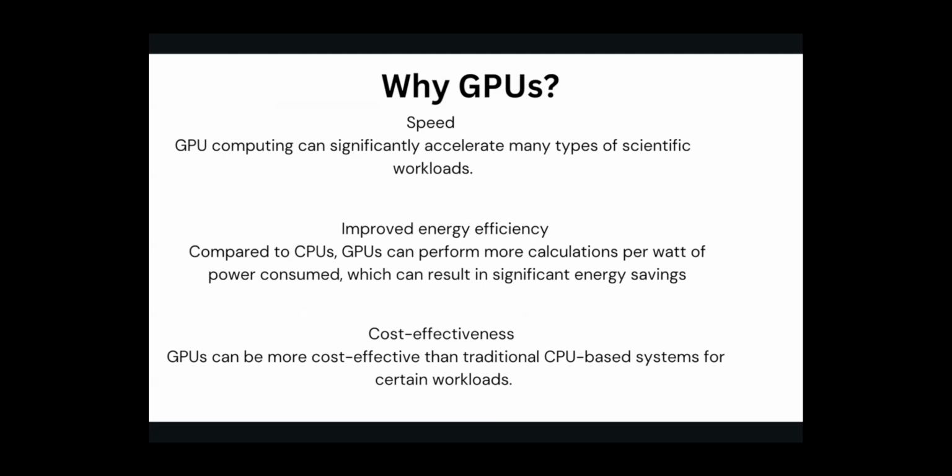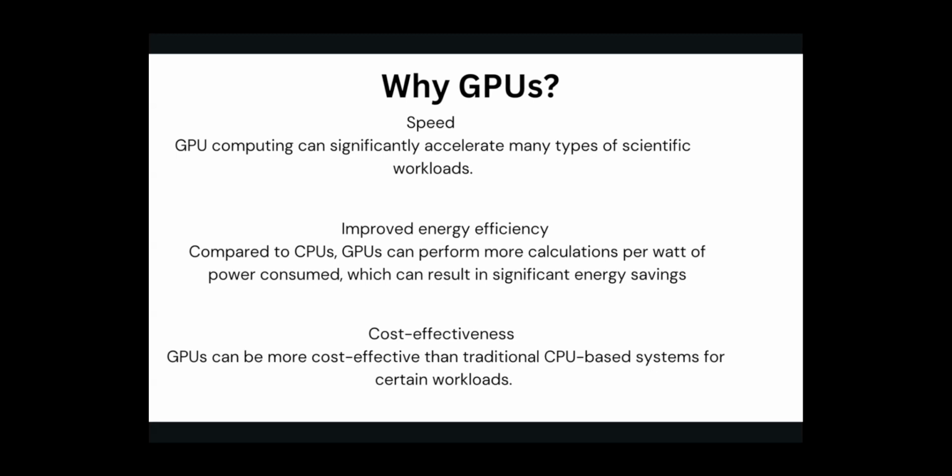These days we have huge workloads in the scientific domain, and we want to use the capabilities of GPU for this. Another thing is energy efficiency. Compared to CPUs, a GPU can perform more calculations per watt of power consumed. This results in significant energy saving, so GPU is also quite worth it in terms of energy efficiency.